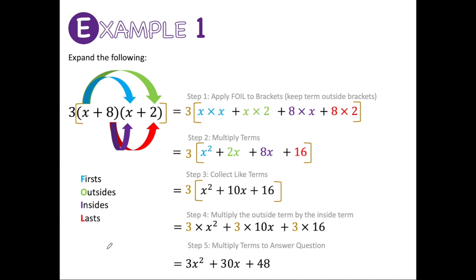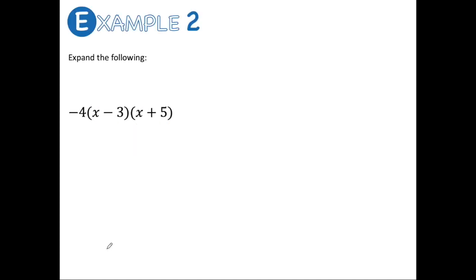So let's have a look at a second example. This time it is -4 and then (x - 3)(x + 5) inside of my double brackets. So remember, because it is x minus 3, we're going to think of our minus 3 as a -3. So I'm going to look at expanding (x - 3)(x + 5) first. So applying the FOIL method.